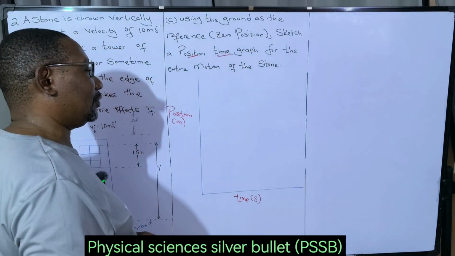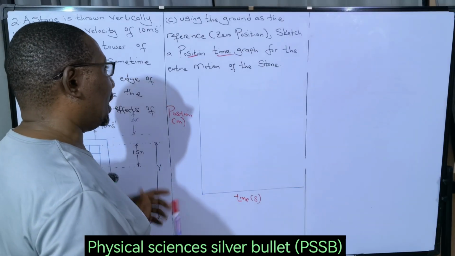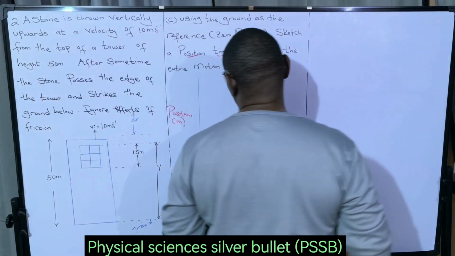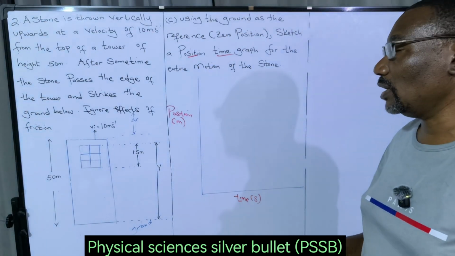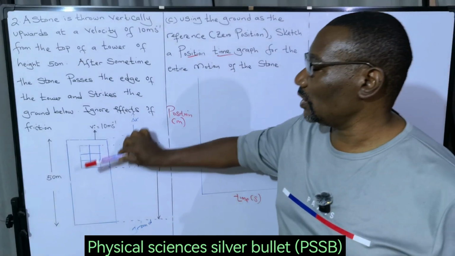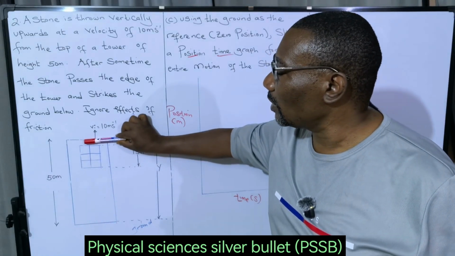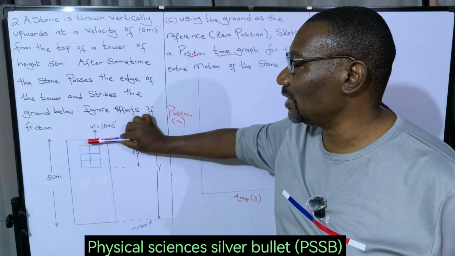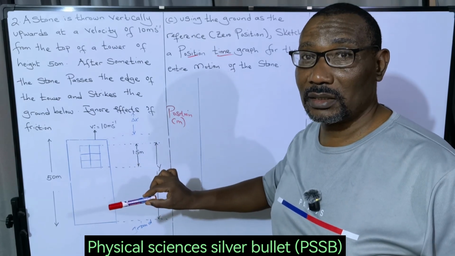So this is what we are having, and we are sketching a position time graph. We need to know that our projection took place from a height of 50 meters.